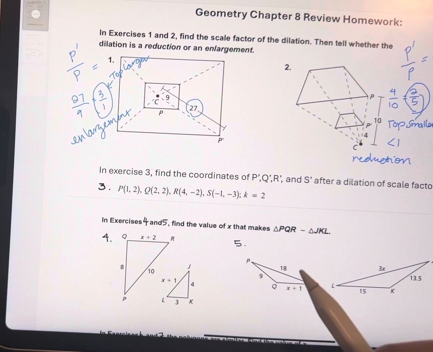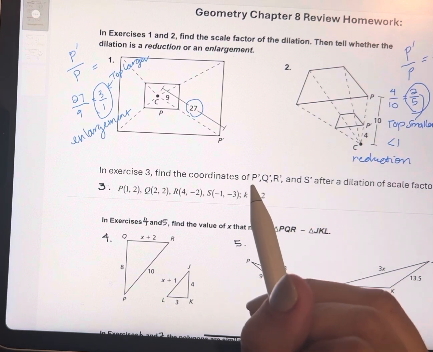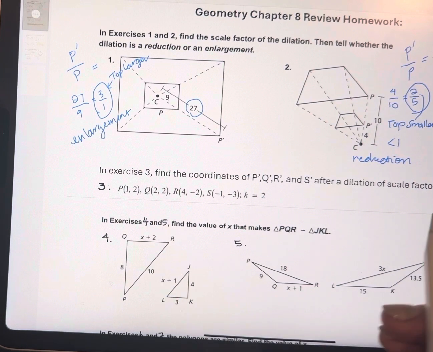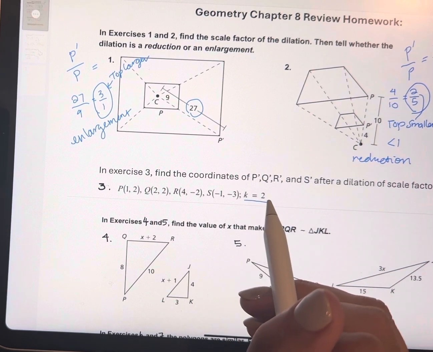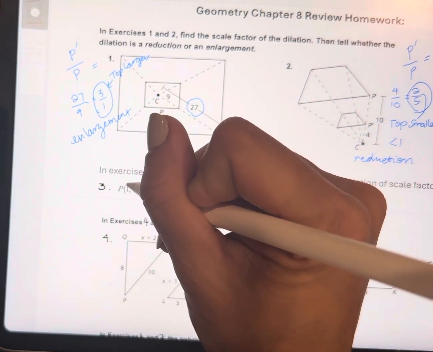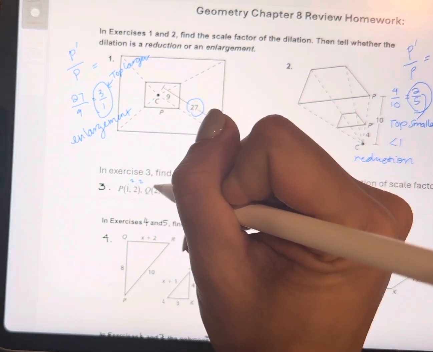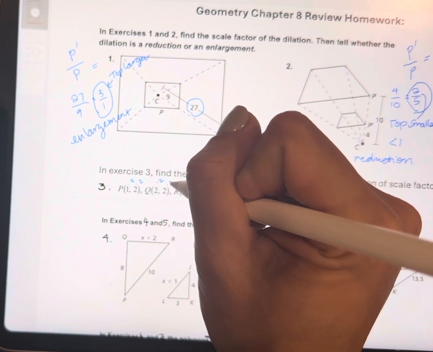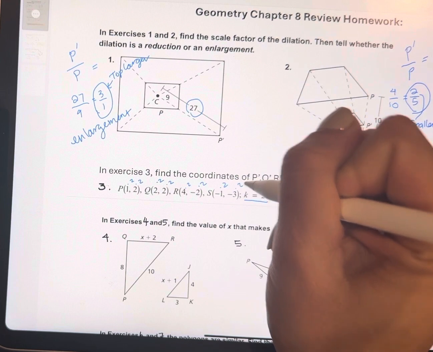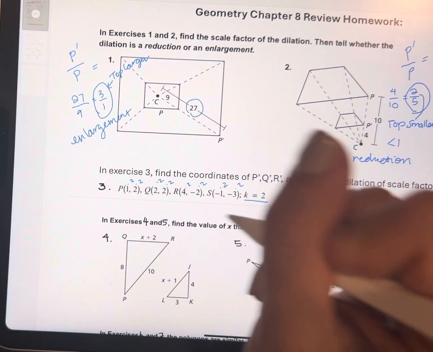In number 3, we are going to find the image p prime, q prime, r prime, s prime after a dilation with a scale factor of k being 2. All this means, you guys, is I'm just going to multiply every one of these numbers by 2. Okay, so here we go.